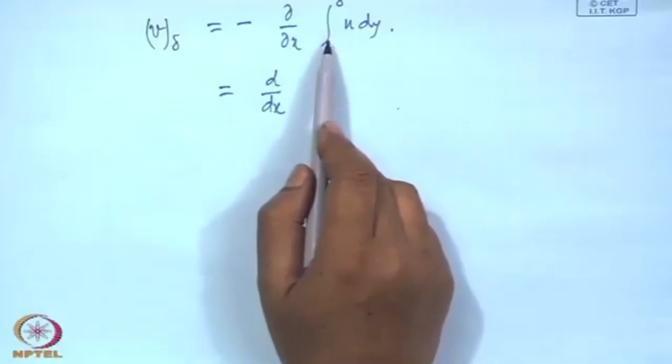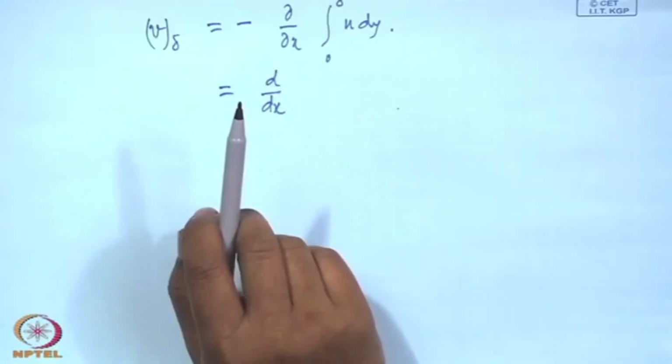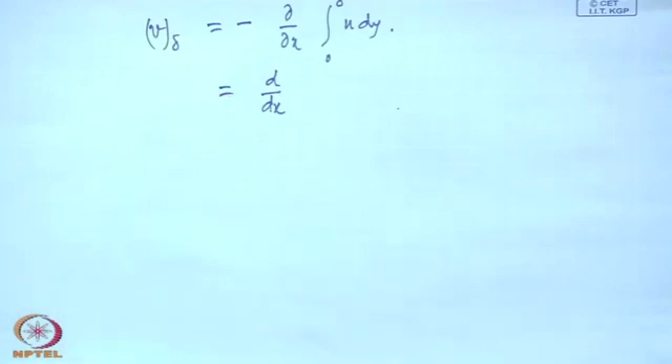And the constant term that you are using, that derivative is 0. You are adding a constant here to get the delta star form, and the derivative of that constant is 0.